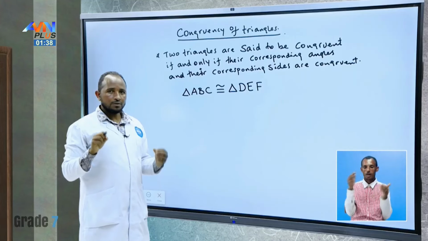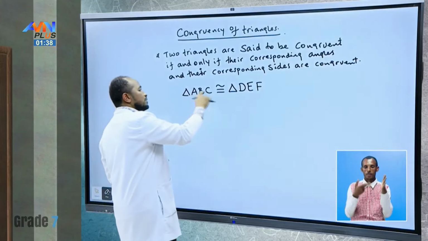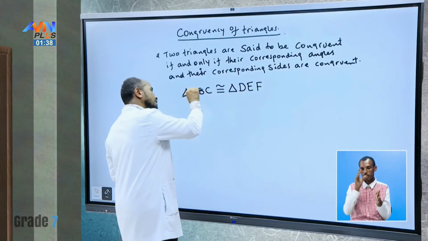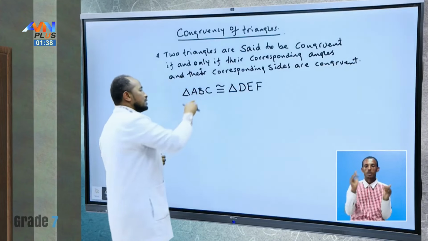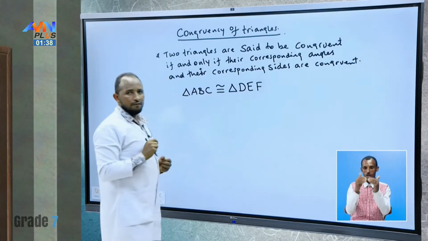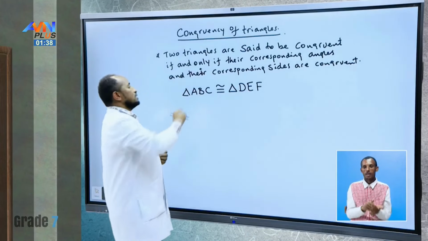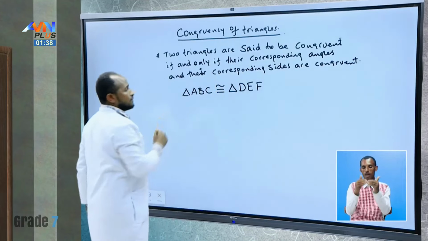One, their corresponding side means the corresponding side for AB is here DE. Length AB and DE must be equal. Again, side BC must be congruent to side EF. Again, side AC is congruent to side DF.